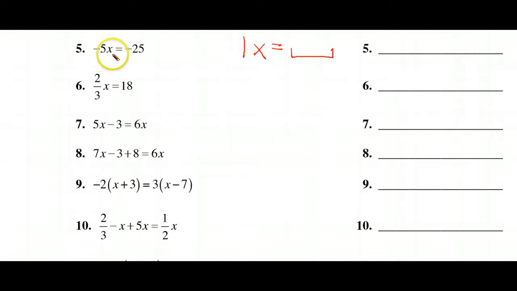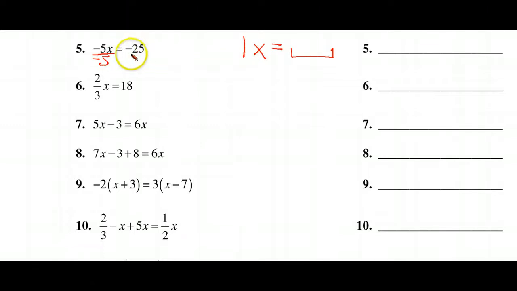So as we look at example 5, how do we get this x to be a 1x? Well, we're going to use our technique from chapter 1. We're going to divide by the numerical coefficient of x.